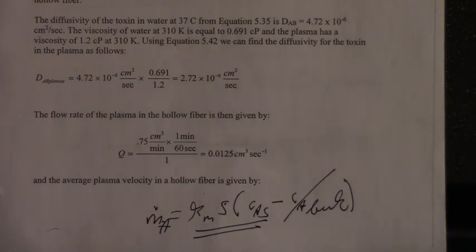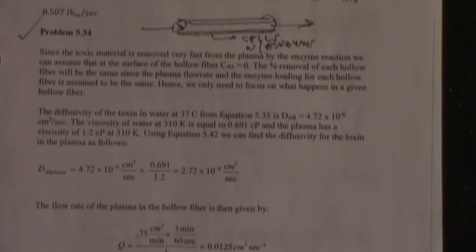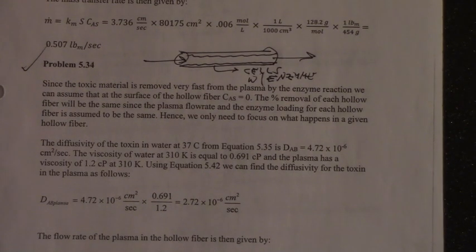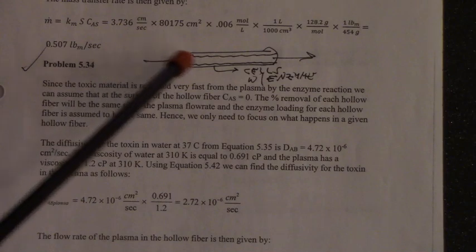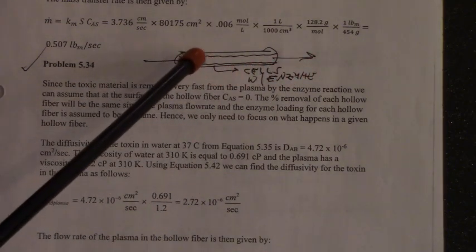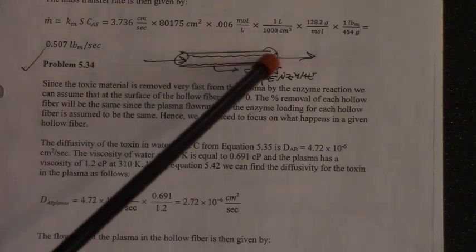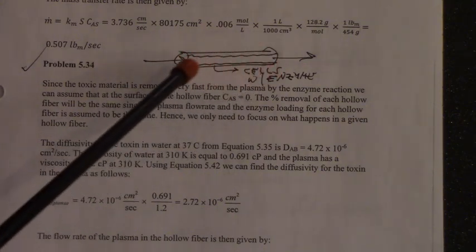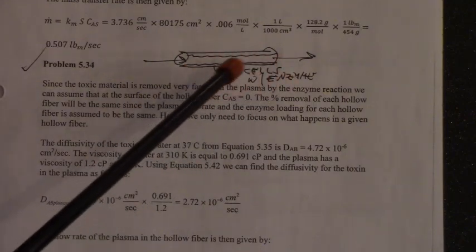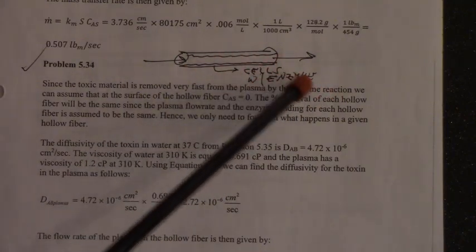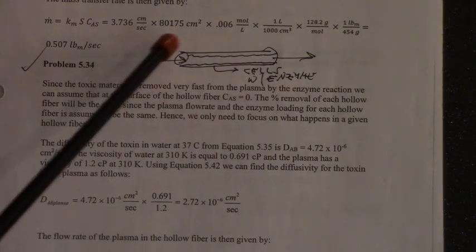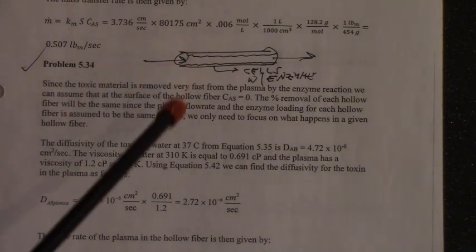And the next problem shown here is problem 534. Once again, we have a hollow fiber system. We have endothelial cells that are immobilized, forming a confluent monolayer on the inside surface of the fibers, and the surface of those cells express an enzyme which instantaneously removes a particular toxic material in the feed stream.